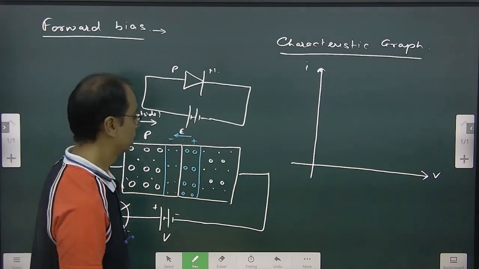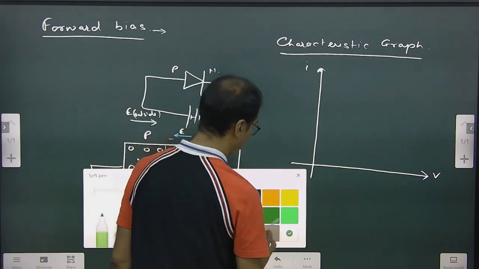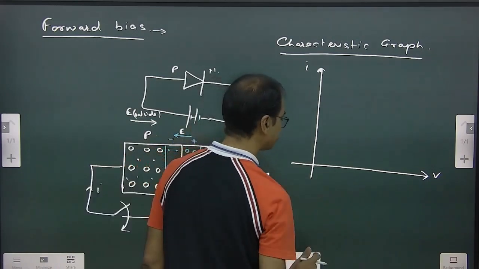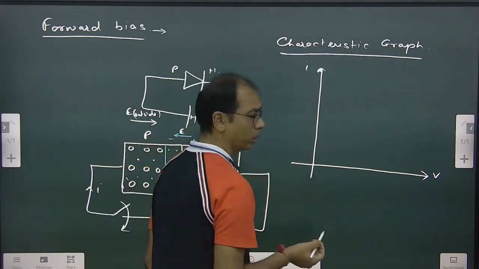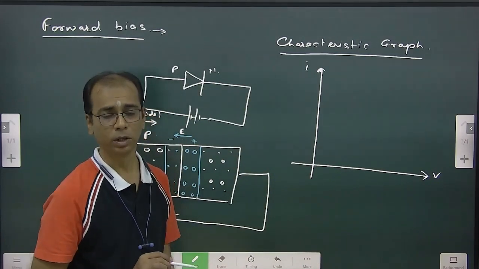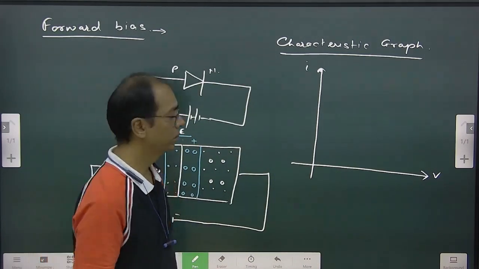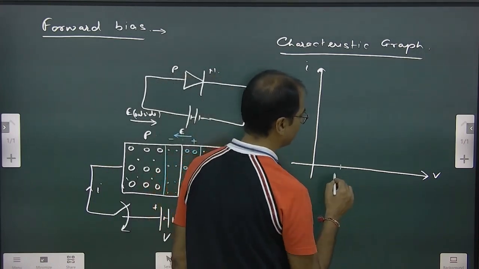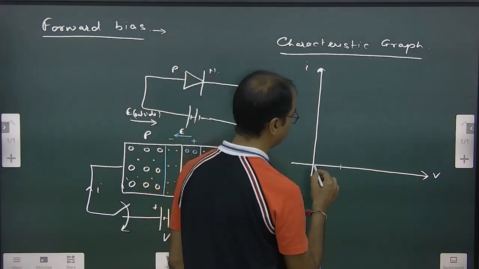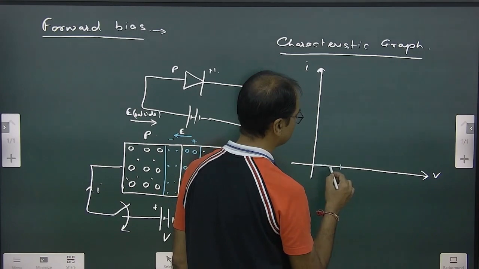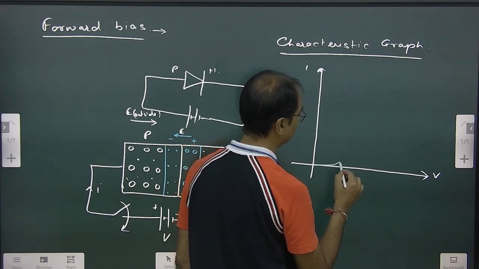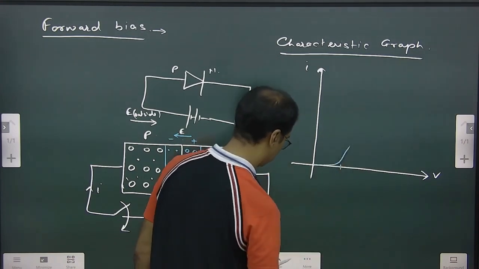We all know that. But once it reaches the barrier potential, after that it increases very sharply. Maybe here we can say barrier potential. Up to this point, the current is very small.